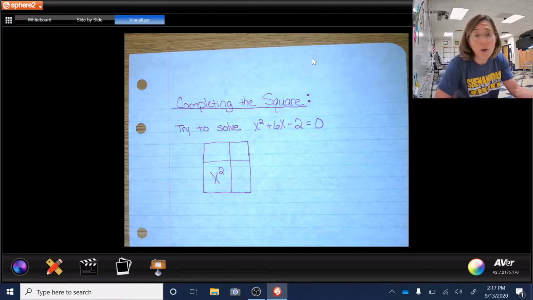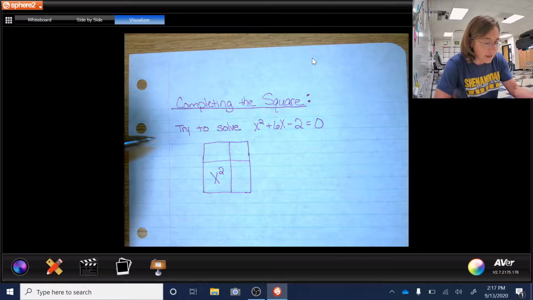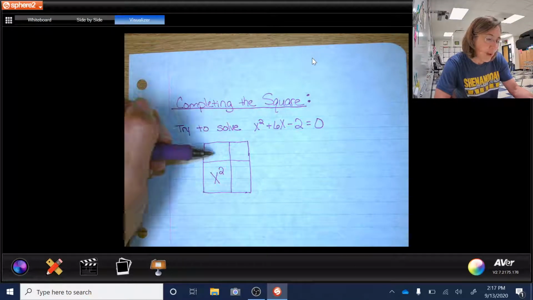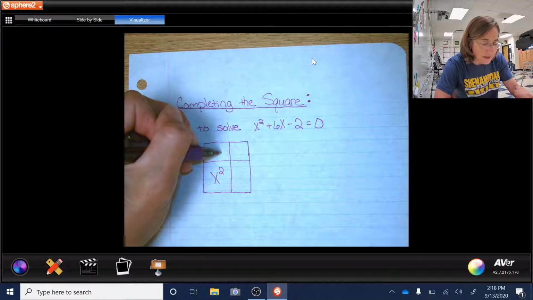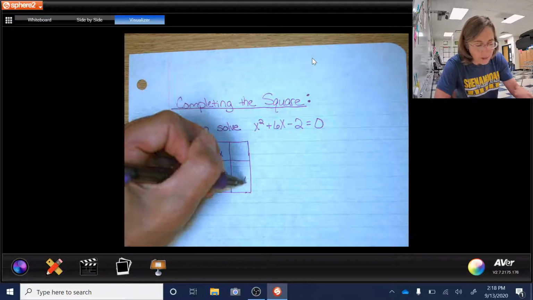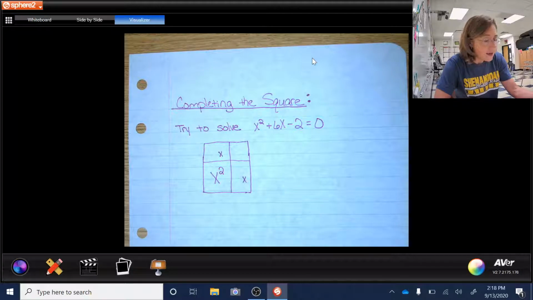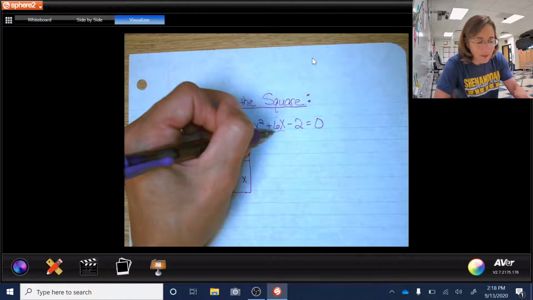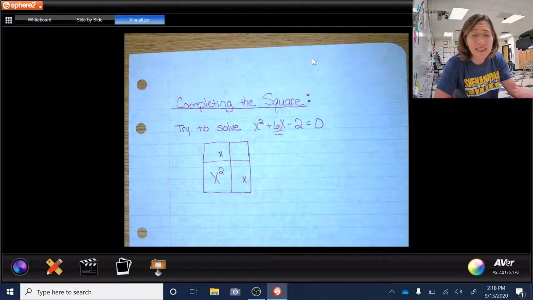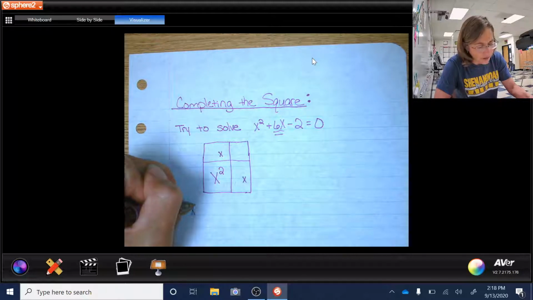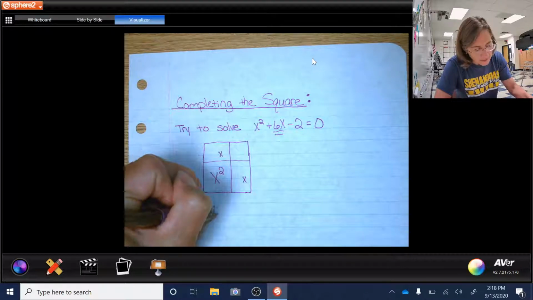Now if you remember, when we were using this model, we had x's that showed up in two places. There were some x's up here, and some x's over here. In this, I'm working with 6 x's. So I have an x squared plus 6x.